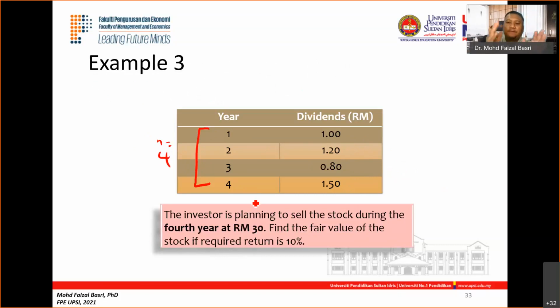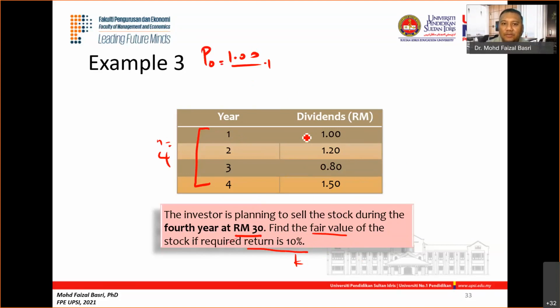So you're gonna have 4 dividends plus 1 selling price, and the selling price is RM30. Right, and the question asks to find the fair value with the required rate of return as 10%. So meaning you're gonna use the same formula for P0. So the first year's dividend is RM1.